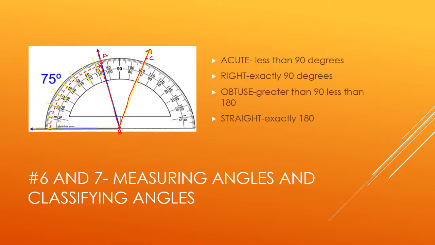You just start at one side and make this your terminal ray, and you count over. So I'm at 75, but I'm just going to count to here, and that gives me 10. I'm going to go 10 more, and I'm at 20. 10 more, and I'm at 30, and then I only have 5 more. So this angle is 35 degrees. And then you can classify that 35 degrees is less than 90, so it's an acute angle.